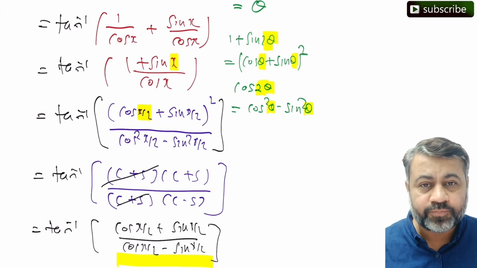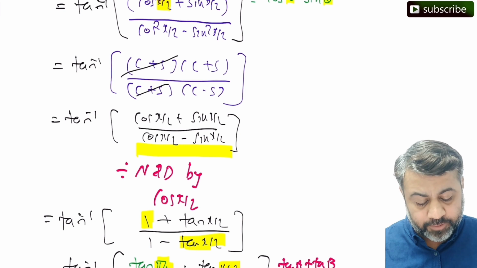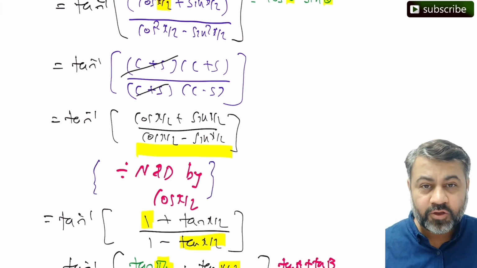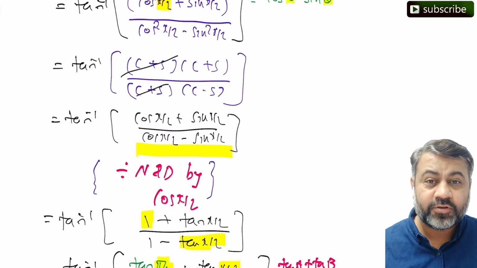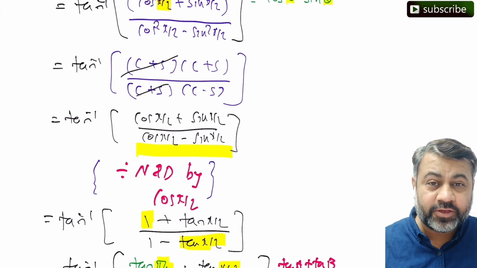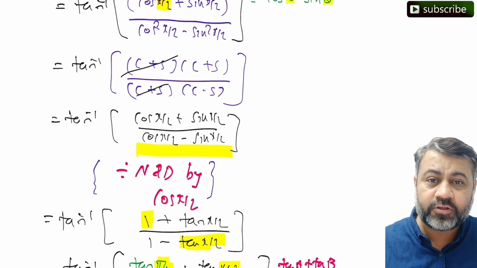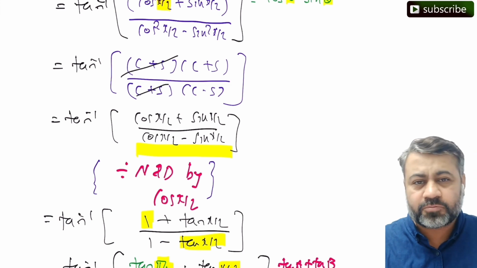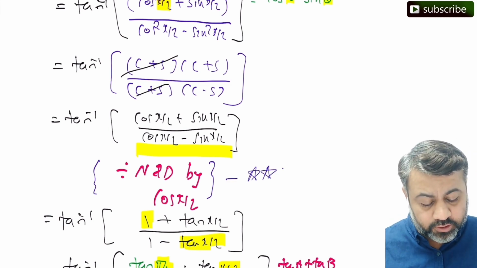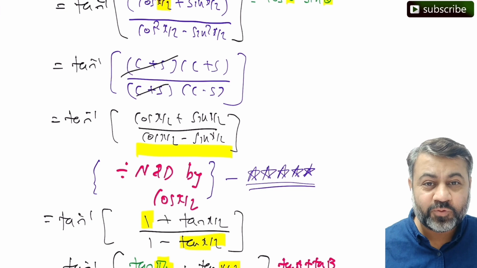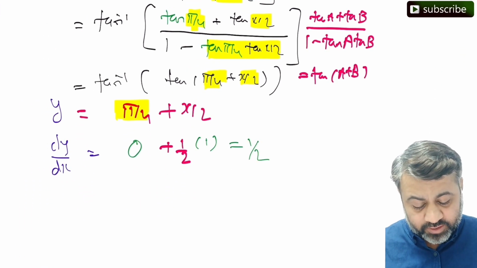But let me tell you, the most important step in the entire problem is dividing numerator and denominator by cos of x by 2, which helps me convert whatever is inside the bracket into the form of tan of theta by 2, or tan of x by 2, something like this. So this, according to me, is a 5-star step which you need to make sure that you don't forget and apply in such problems. This is question number 1.